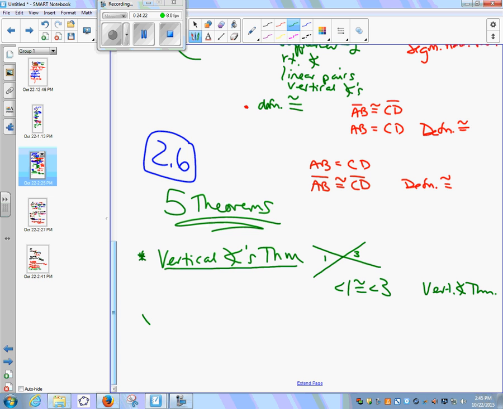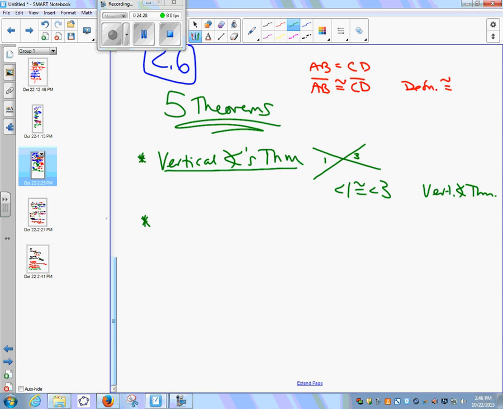The next one, right angles theorem, which says all right angles are congruent. So if you know two things are right angles, then you can say they're congruent to each other.